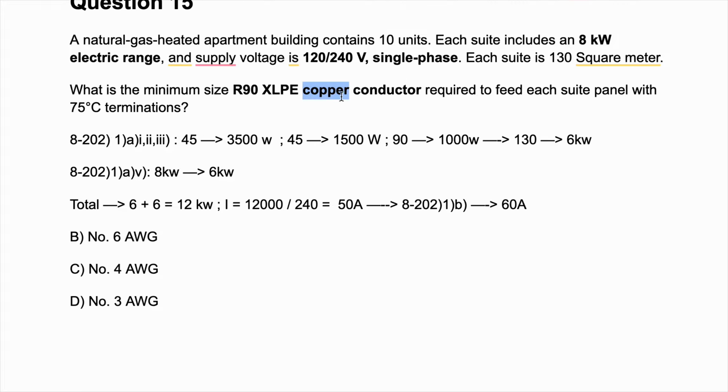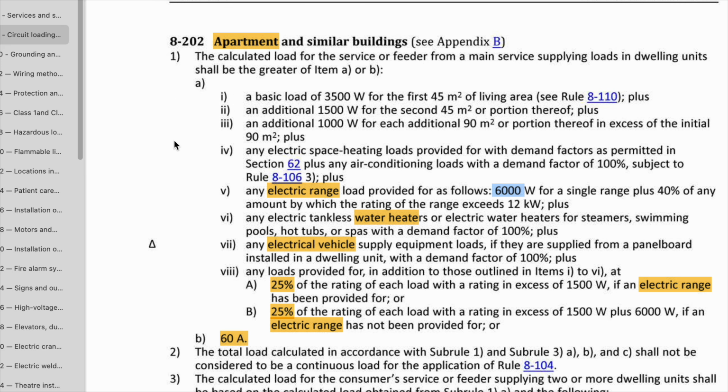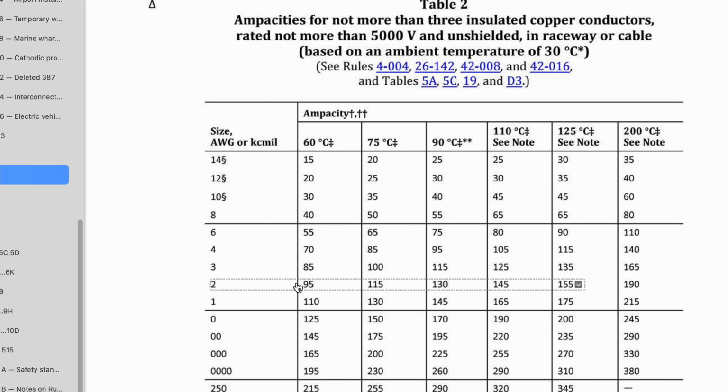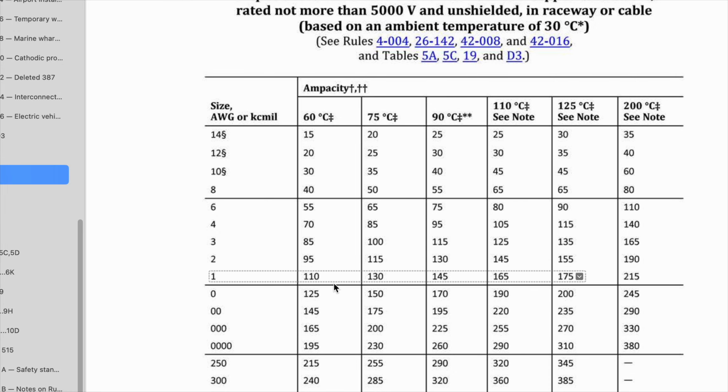It's copper, 75 centigrade, so we need to check table 2 for the cable sizing.